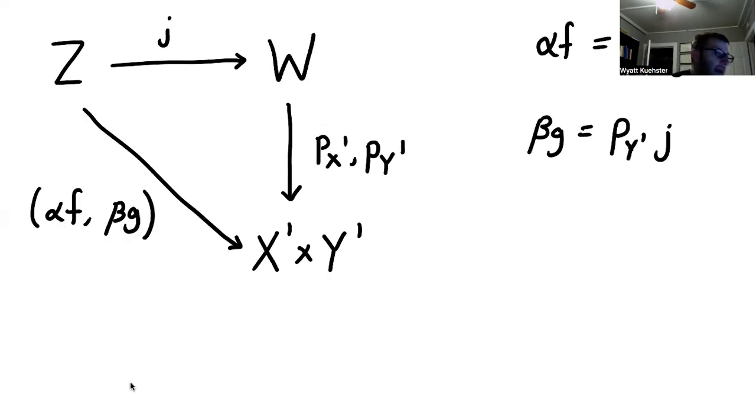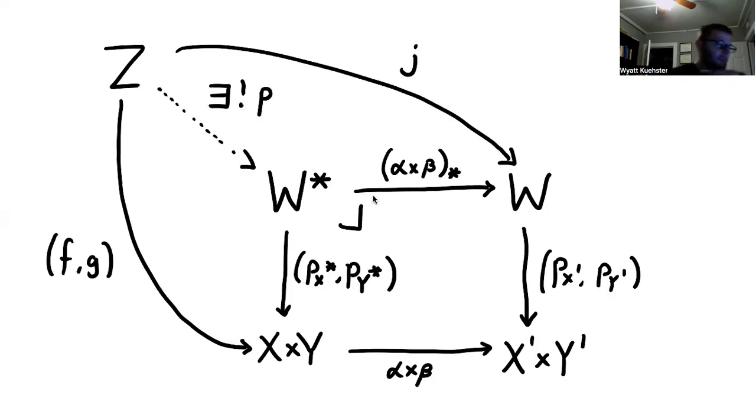So I have this triangle where alpha f and beta g can be decomposed into a fibration and a trivial cofibration. And it satisfies beta g equals p y prime j and alpha f equals p x prime j. And then I can form the pullback. So there we go, there's my pullback.